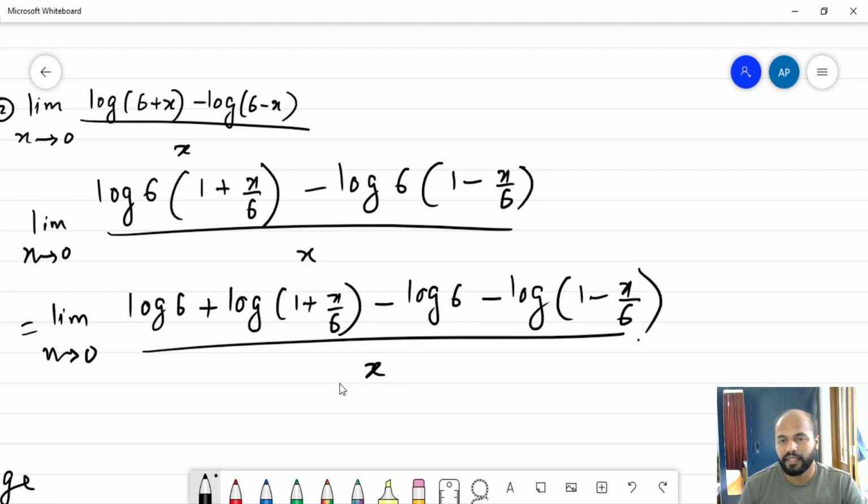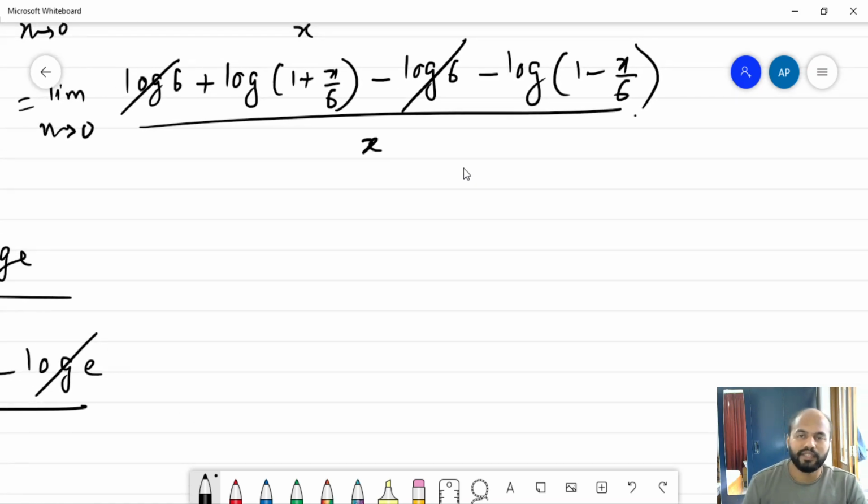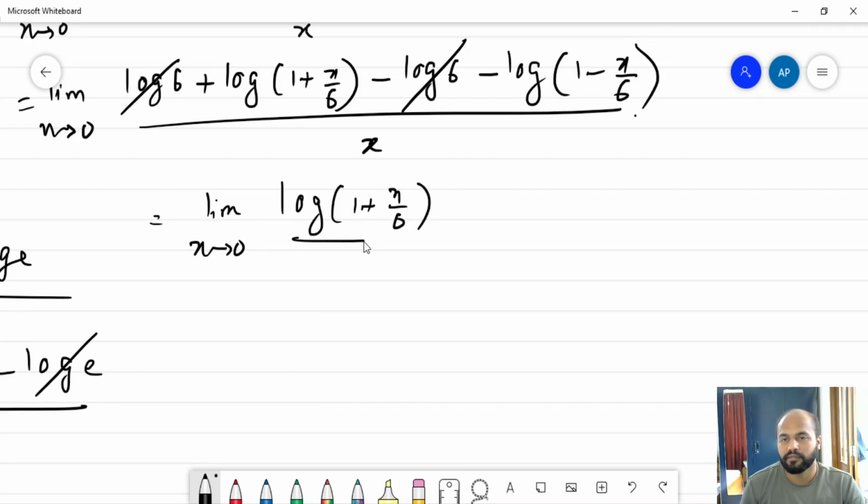So the log 6 terms of course go, and now we will have to adjust in a slightly different way. You can see over here that we got two limits. One, limit x tending to 0 of log of (1 + x/6) divided by x. So we'll multiply and divide by 6, that's one part. And here we have minus log of (1 − x/6).